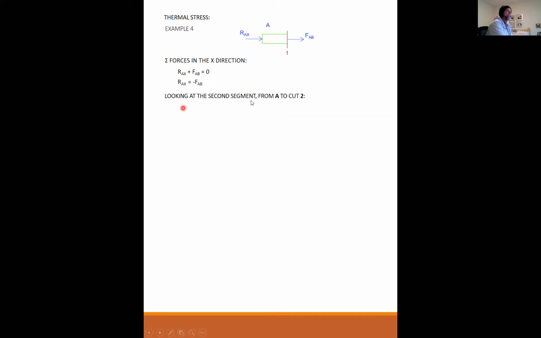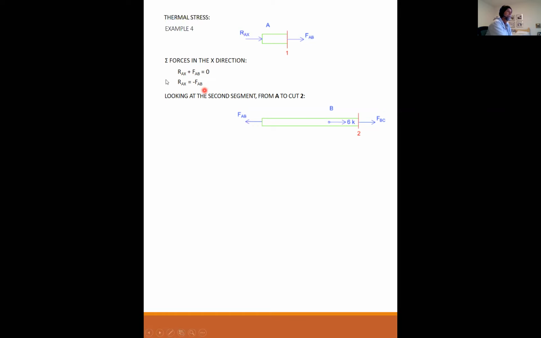But looking at the second segment from A to cut 2, I have FAB here because I substituted it for RAX. I learned from the first cut that the reaction is the opposite of FAB, so I put in minus FAB here.